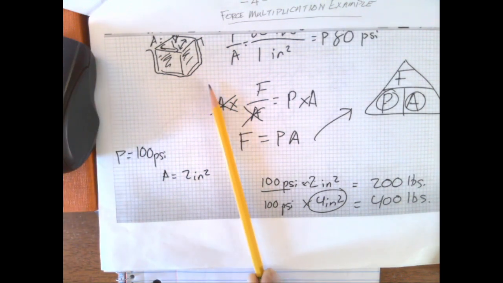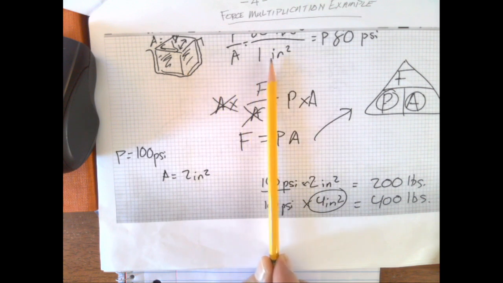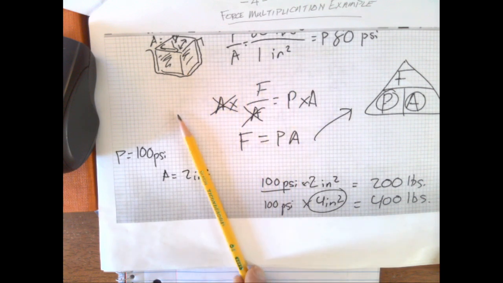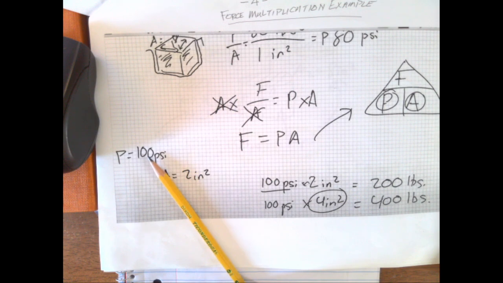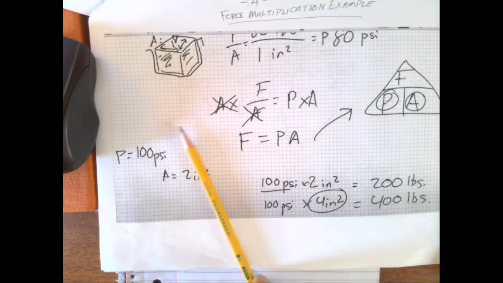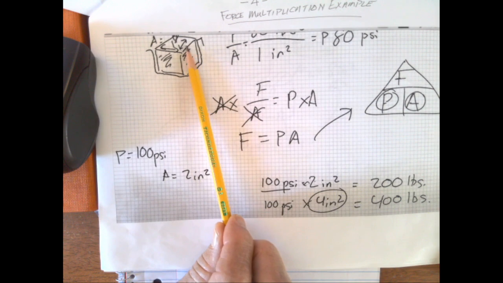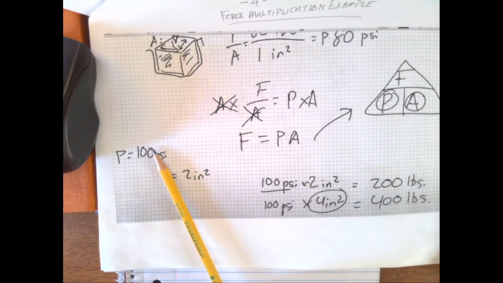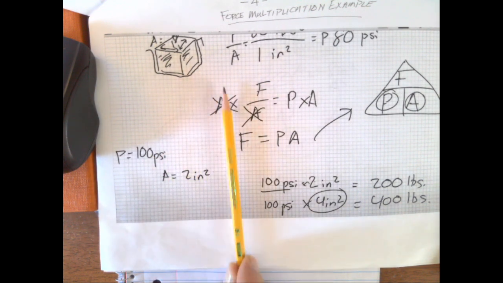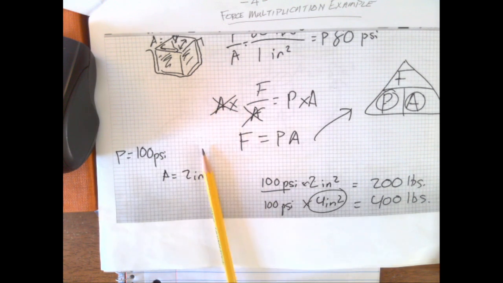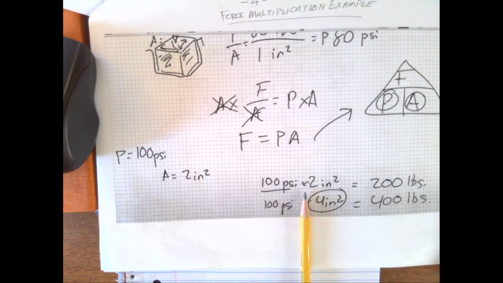This is force multiplication. I ran out of room, but that's okay. You're given 100 pounds of pressure, so we're pushing down on a piston here, and we have 100 psi. In one scenario, which is what you don't see up here, your 100 psi is pushing against a 2 square inch piston, right?